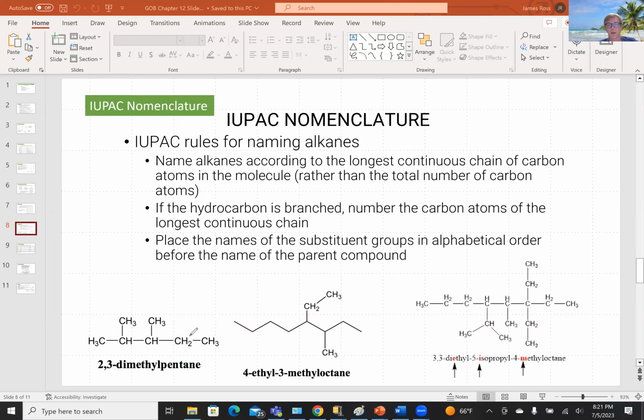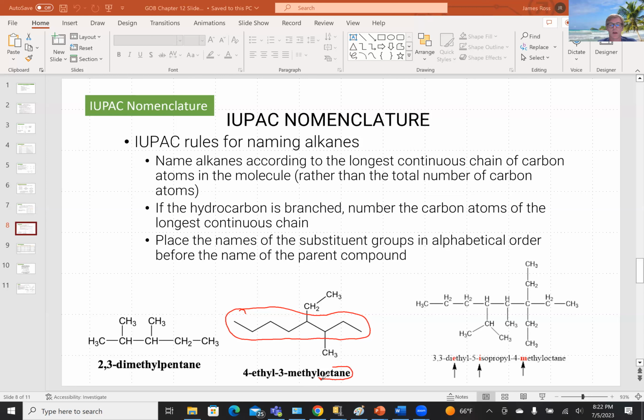The second molecule is a bit of a mismatch of a skeletal structure with other bits and pieces. Clearly, if we look, we've identified our longest continuous carbon chain, which is that one. So it's got 1, 2, 3, 4, 5, 6, 7, 8 carbons.